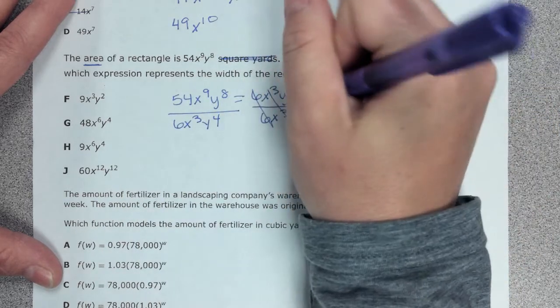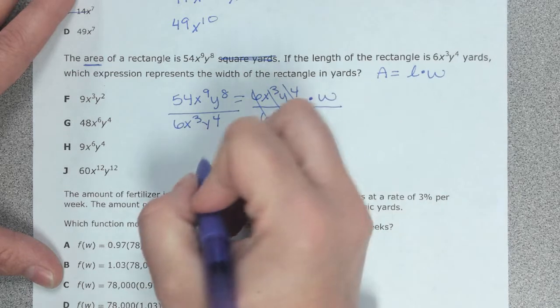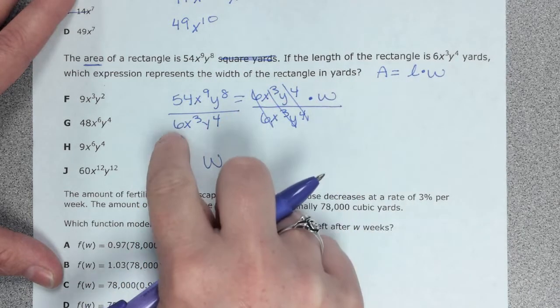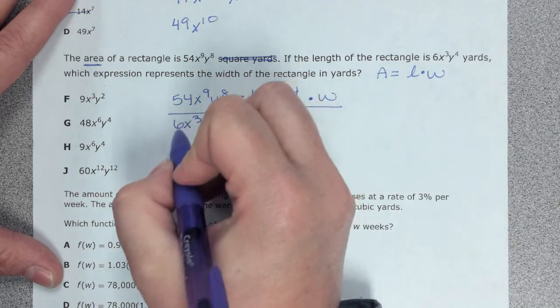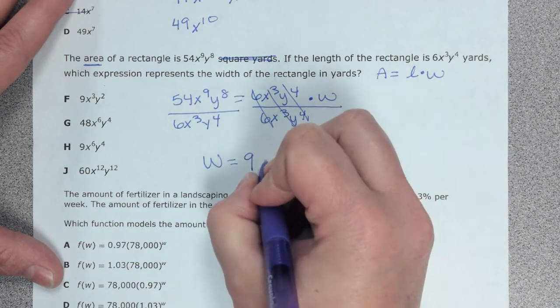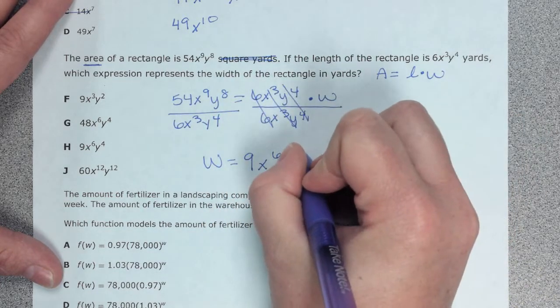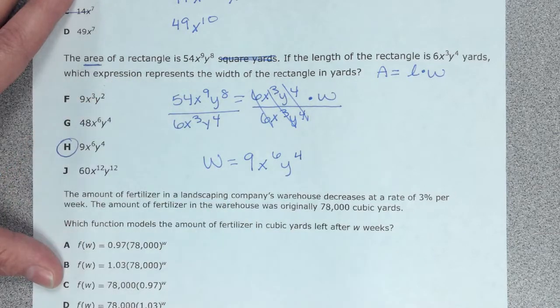So this all goes away. And w equals whatever this division is. Now, to divide, we divide our big numbers. So 54 divided by 6 is 9. And then we subtract our exponents. 9 minus 3 is 6. 8 minus 4 is 4. So our answer is H.